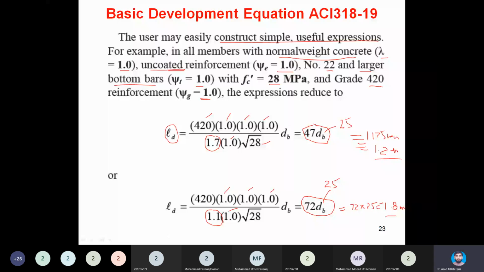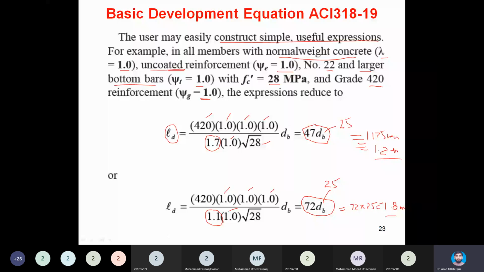So in this way, for any bar, number 36, if I am asking you that on this project number 36 bar will be used, you will be multiplying 47 with 36. So it means this 1.2 or 1.8 meter is the minimum length required to get the steel yield.